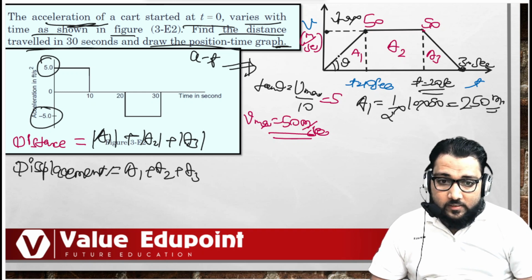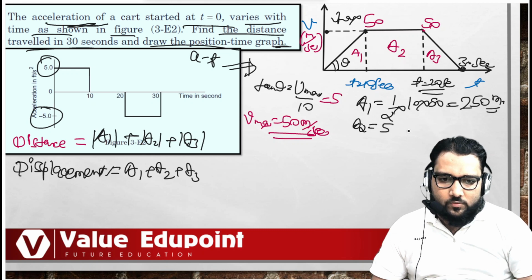Because the area gives the displacement. Somebody will ask, sir, the unit of area will be meter square. Guys, the unit will not be meter square; it will be meter per second into second, so meter will come out. Area A2 is this rectangle. Its width is 20 minus 10, that is 10, and the height is 50.